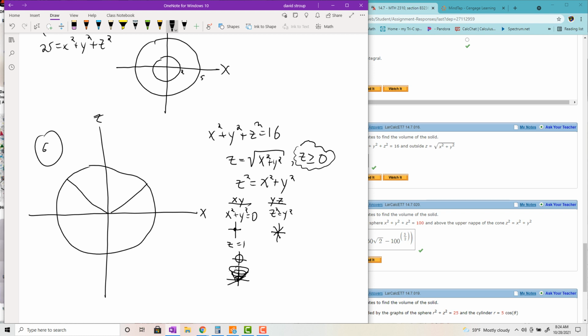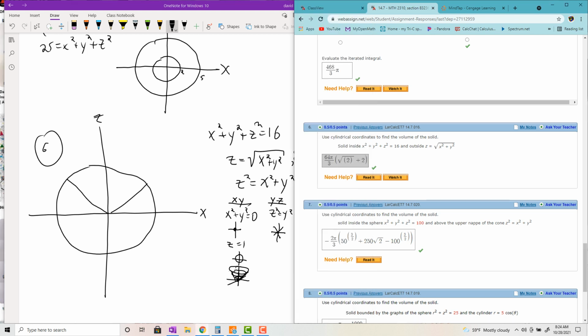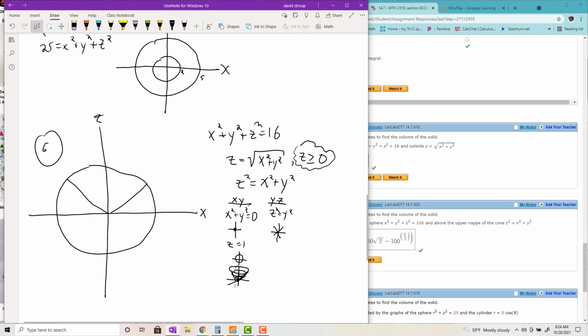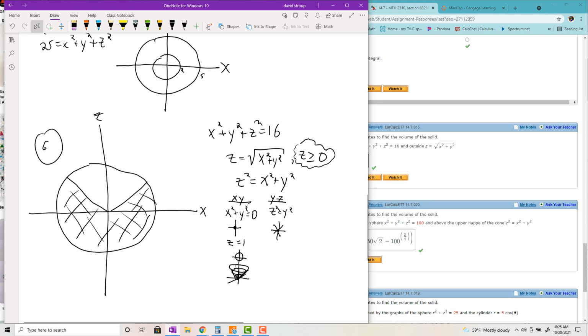Okay, so I need to find the solid inside the sphere and outside the cone. So it's basically this region that we're looking for the volume of. It's kind of a sphere with a notch taken out of the top.